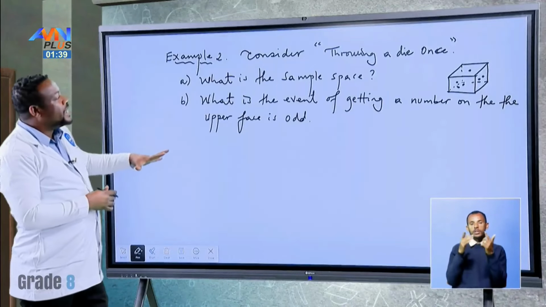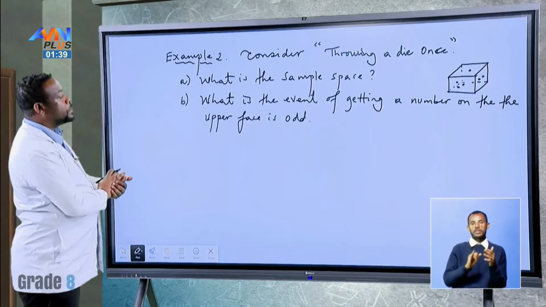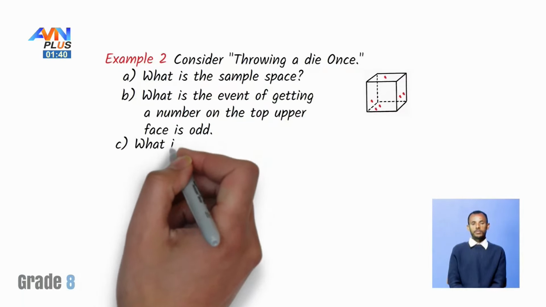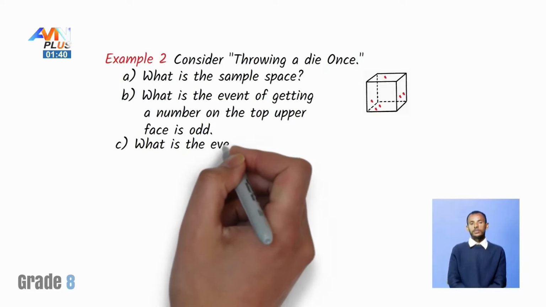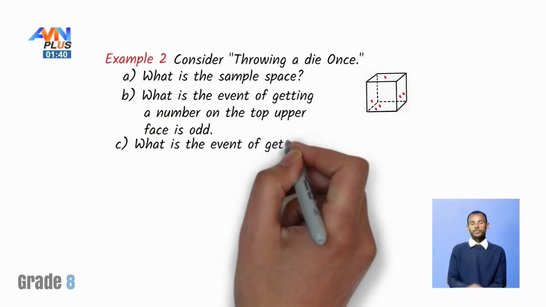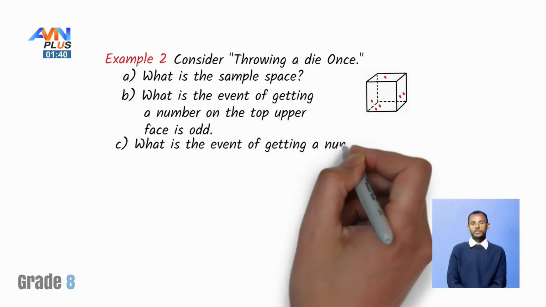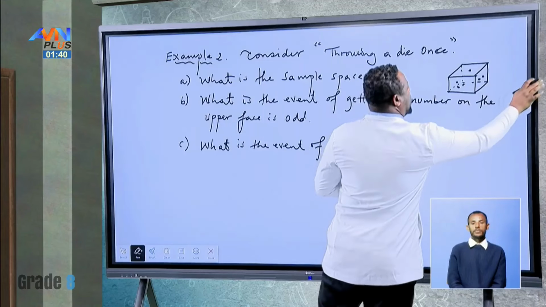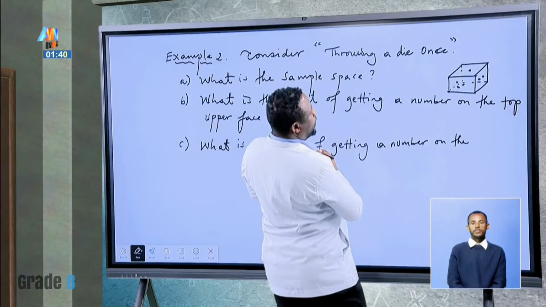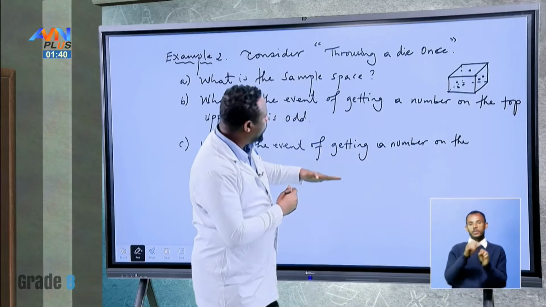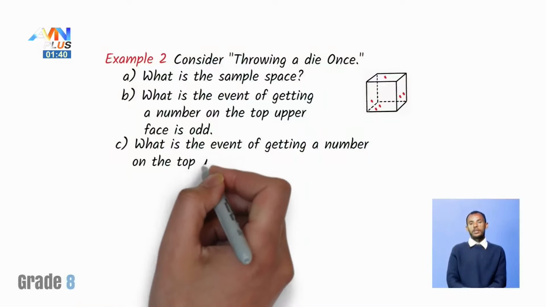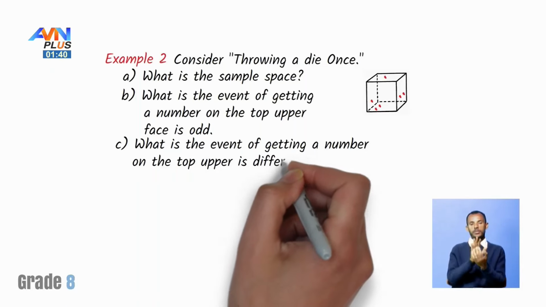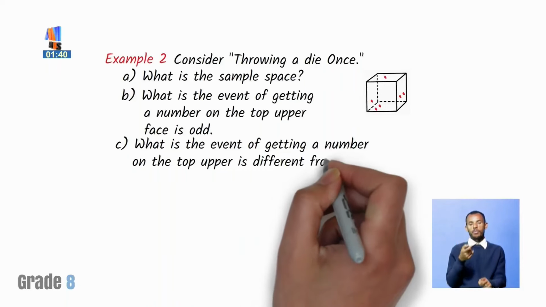The third question is, what is the event of getting a number on the upper face that is different from 4?